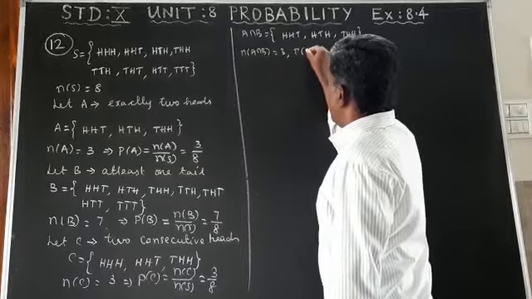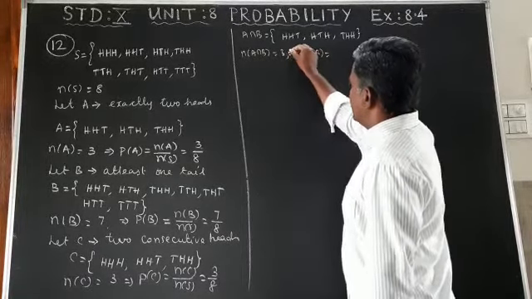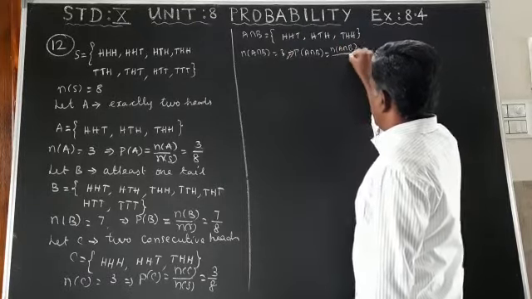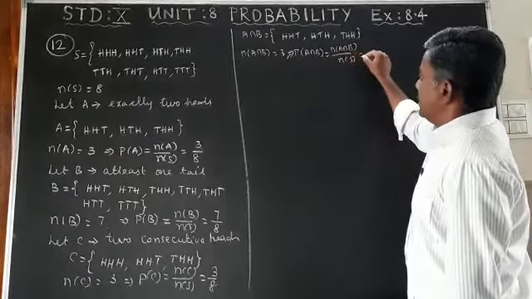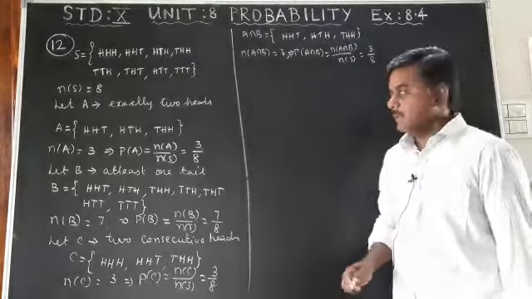Then P of A intersection B is equal to n of A intersection B by n of S, 3 by 8.